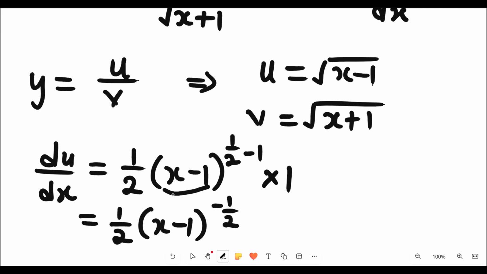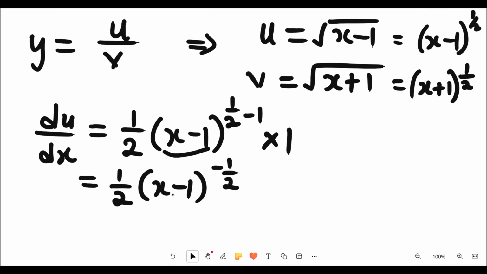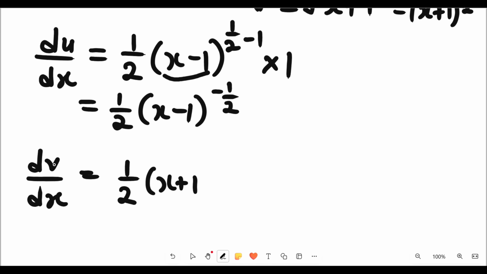Alright. Now you should know that the u here is the same as (x minus 1) exponent half, and v is the same as (x plus 1) in bracket having an exponent of half. Then let us now work on our dv/dx. Our dv/dx is equal to the power multiplying the expression x plus 1.